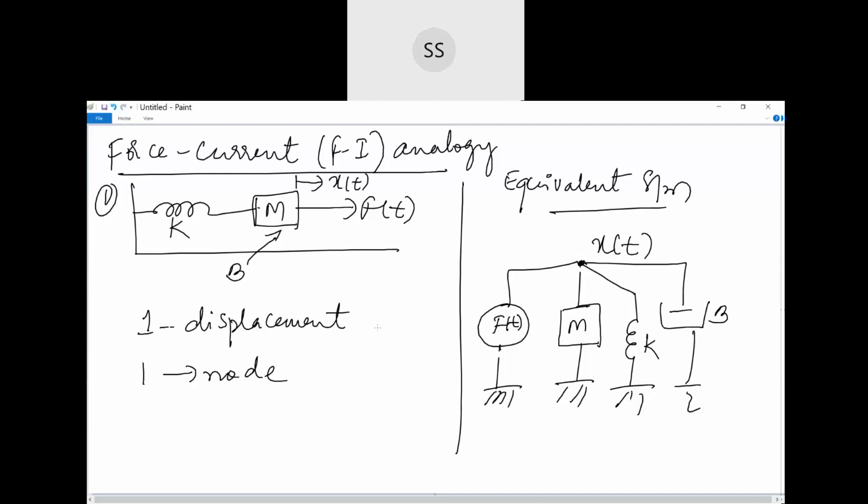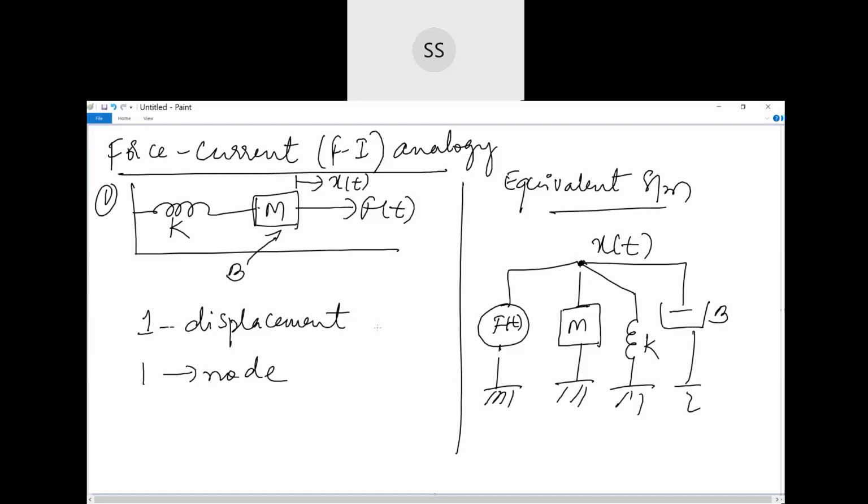Now we have to substitute force analogous components in the differential equation. So it may be a force voltage analogy or force current analogy, or even torque voltage or torque current analogy, first we have to write an equivalent mechanical system. So after this step, next we will write the differential equation.